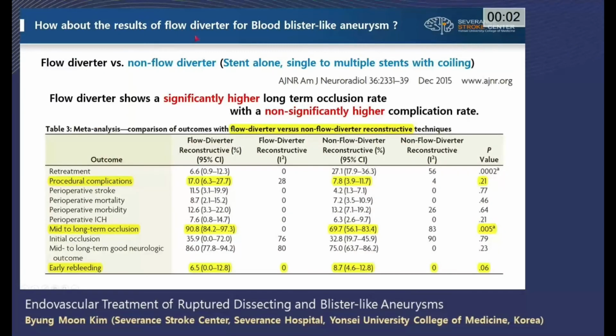How about the result of flow diverter for blood blister-like aneurysm? In this review, meta-analysis, flow diverter shows a significantly higher long-term occlusion rate with a non-significantly higher complication rate.